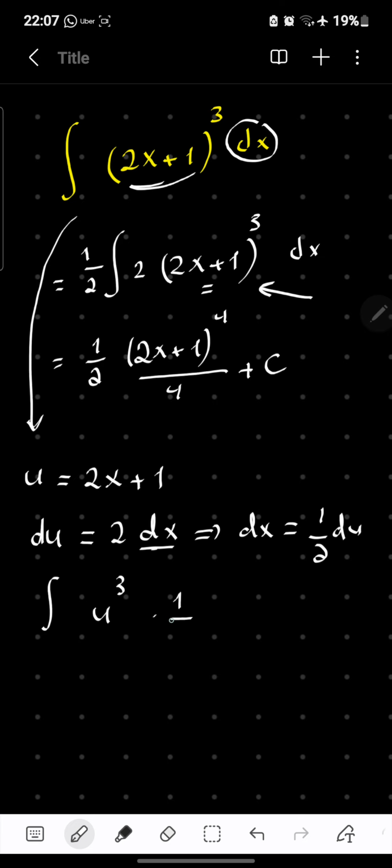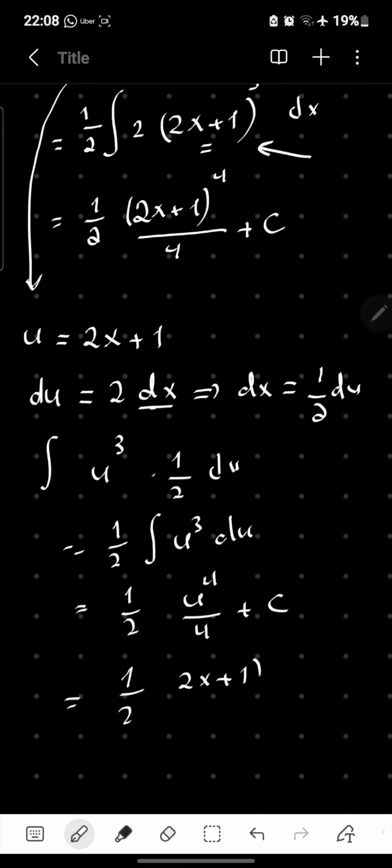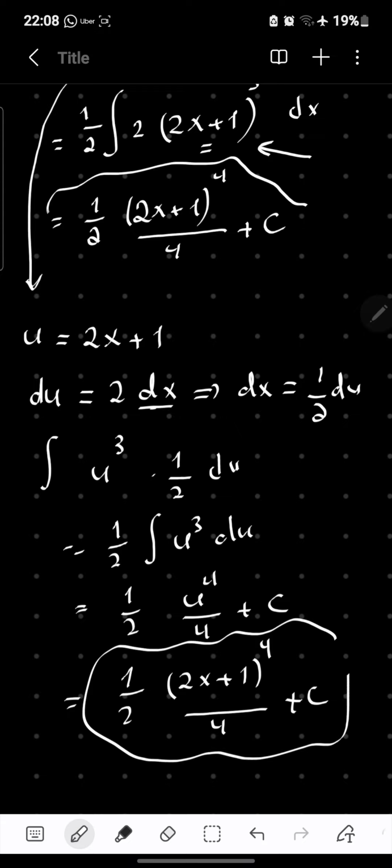So it will be half the integral of u^3 du, and you can integrate it directly. It will be u^4 over 4 plus c. Let's write it in terms of x. u is 2x plus 1, so it is (2x + 1)^4 over 4 plus c. This form is like this one.